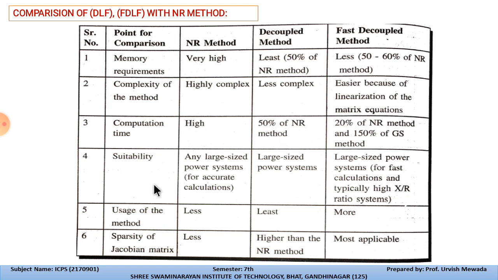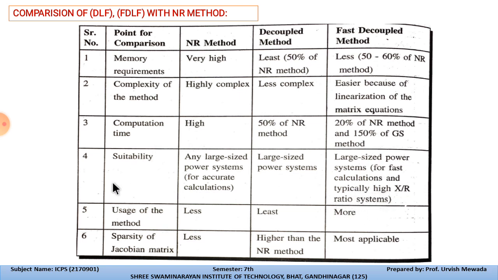Now the fourth point considered is suitability. For any large sized power system needing accurate calculation, the NR method is used. For the DLF method, we generally use it for large sized power systems for the solution. And the FDLF method is used for large power systems for fast calculation, and typically for systems with a high X by R ratio.